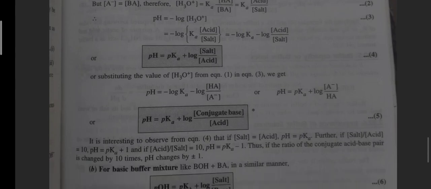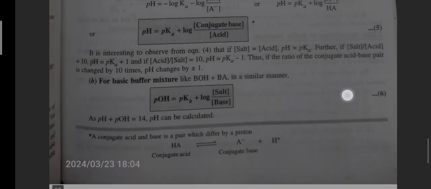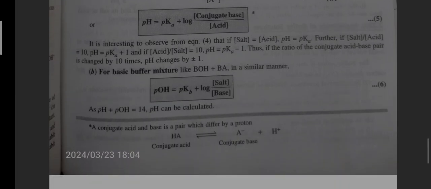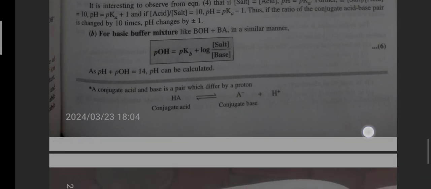And the final result to calculate the pH of an acid buffer is pH equals pKa plus log of conjugate base divided by acid. For a basic buffer like BOH plus BA, in a similar manner pOH equals pKb plus log of salt divided by concentration of base.